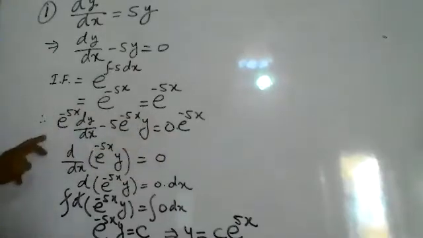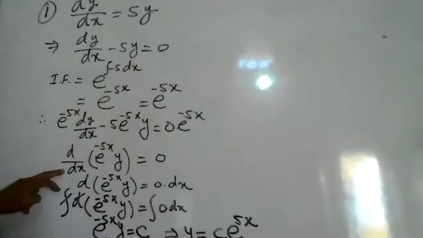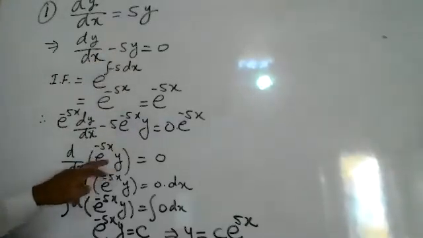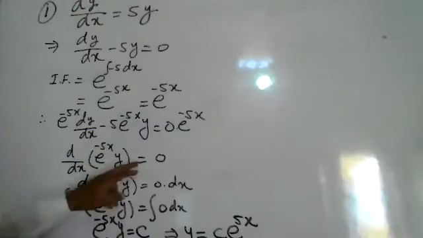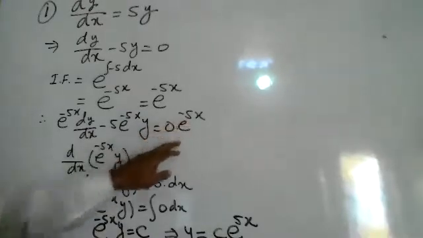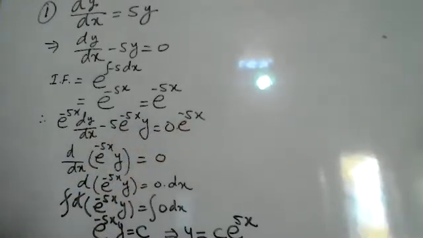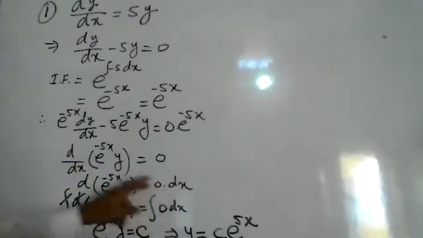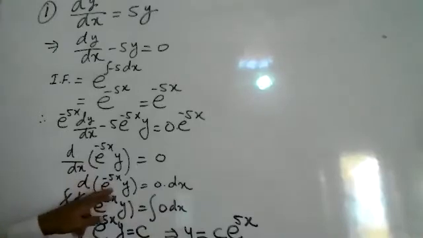So this whole will become the derivative with respect to x of integrating factor into y. Integrating factor into y equal to 0 into e raised to power minus 5x will be 0. Now dx is shifted to the other side. It will become derivative of e raised to power minus 5x into y is equal to 0 dx.